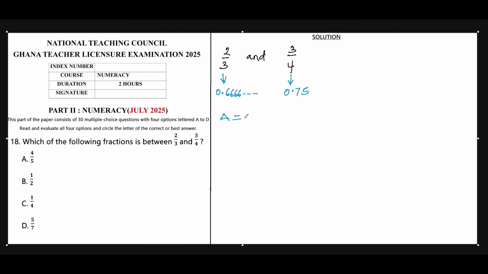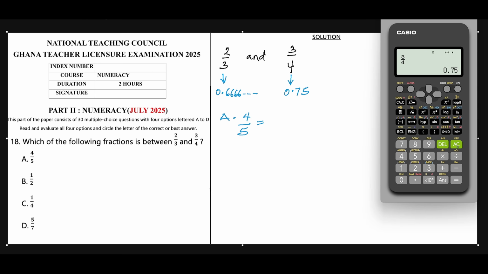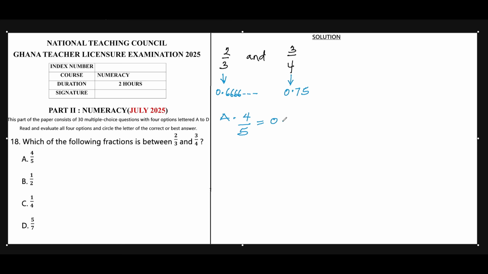Option A, we have 4 on 5. Let's see the decimal fraction for 4 on 5. That gives 0.8. B, 1 on 2, that is half.